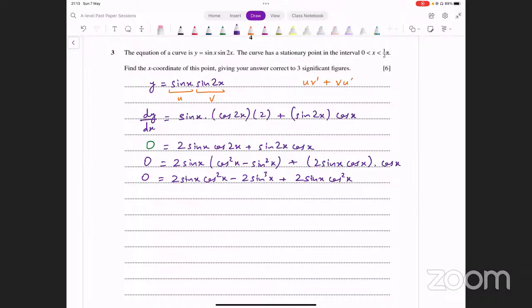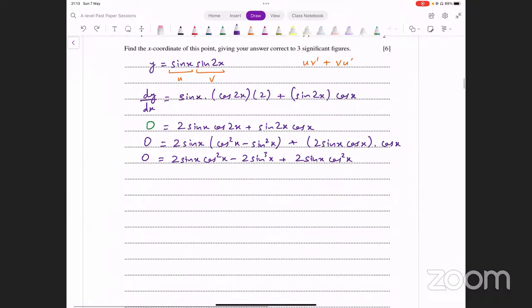Now, one thing that we should notice here is that sine is common in all of these three terms, and also 2 is coming in every term. What we can do is we can take 2 sine x common.